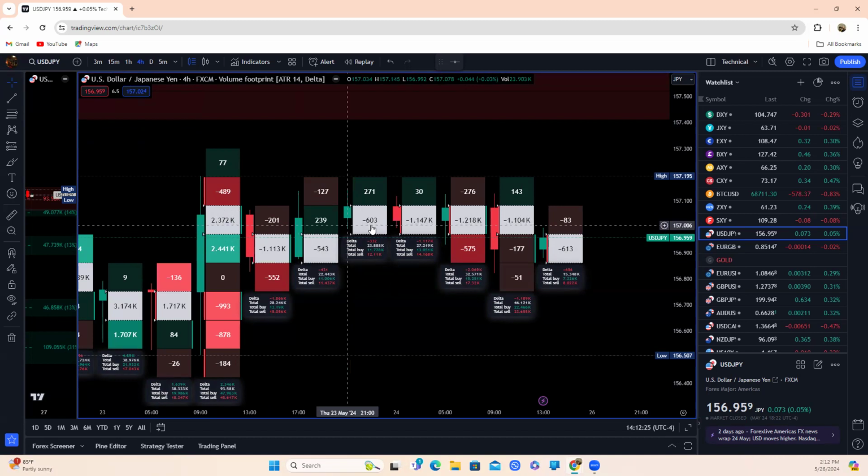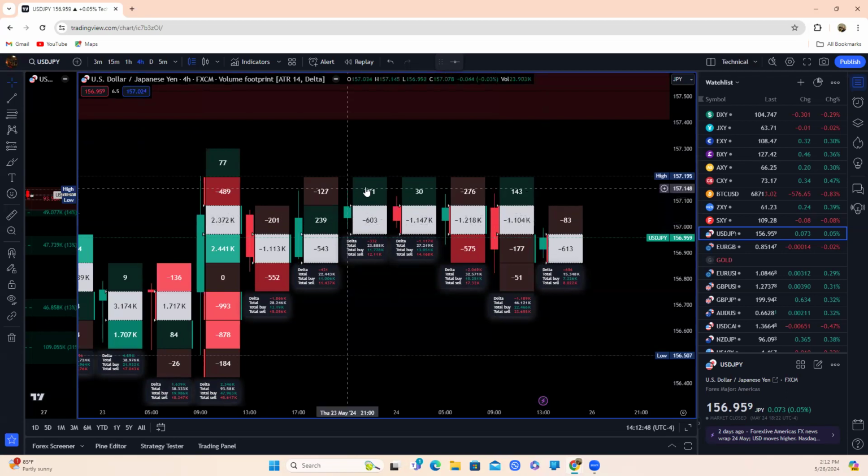Then we got quite a bit more negative delta at that same price level. Then we got even more, almost double the negative delta. Then we really doubled. So now we're starting to get a picture of negative delta at this price area.